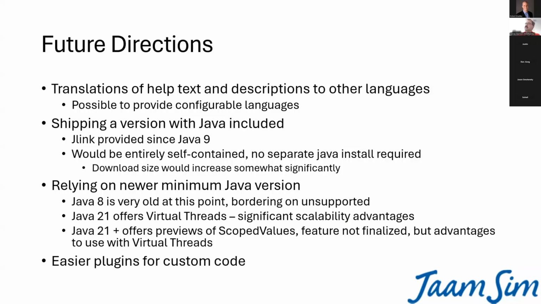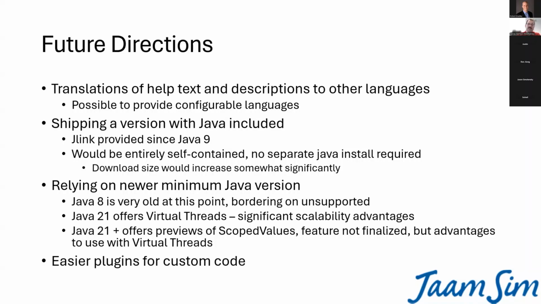Definitely have gotten feedback that it would be really useful to have translations available for the help text and descriptions of the objects in other languages, and have what I call an example of that in progress right now with a possible French language version, taking that English text and just feeding it through the Google Translate API to produce kind of a language pack that can then be shipped and configured.